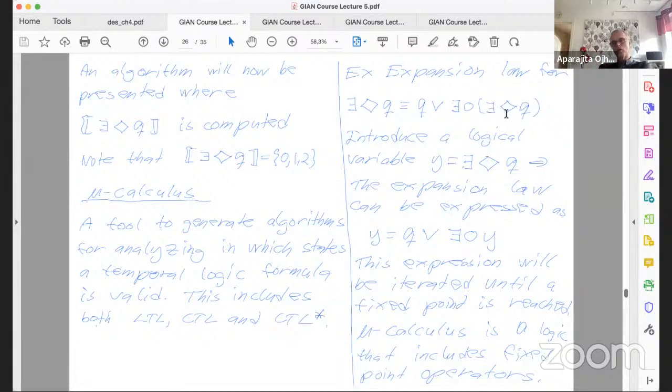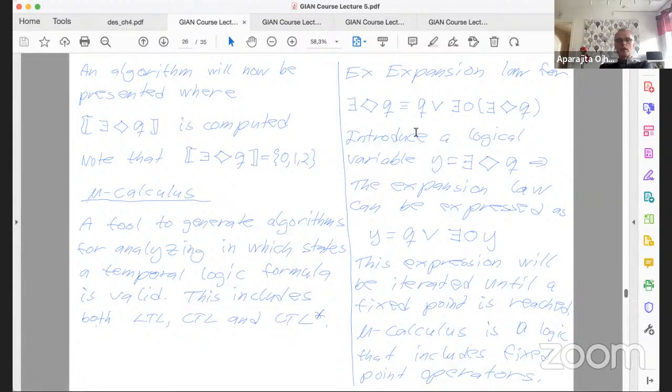So it's a kind of recursive definition here. Existence of eventually Q is equivalent to either directly Q, or there exists a next state or a next time instance where this existence of eventually Q must be true.